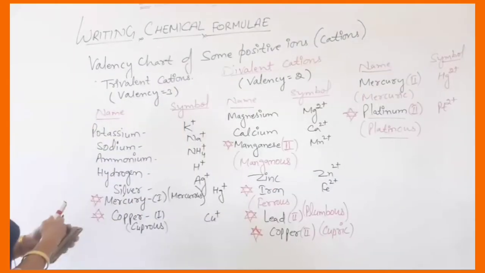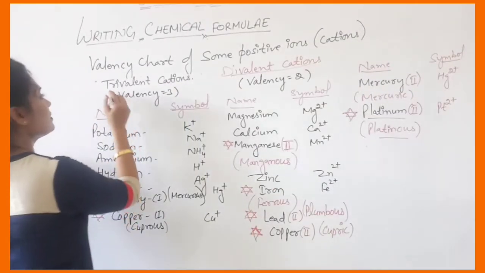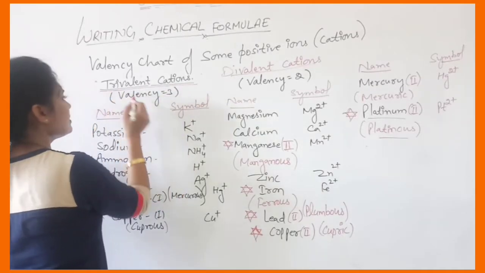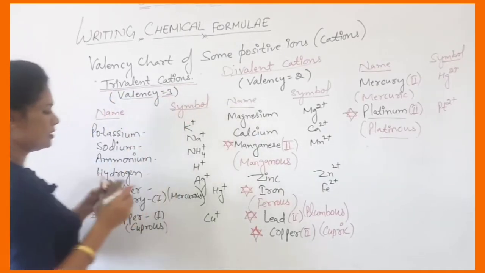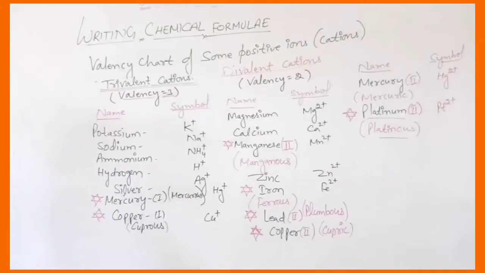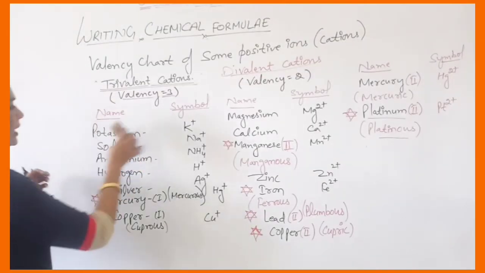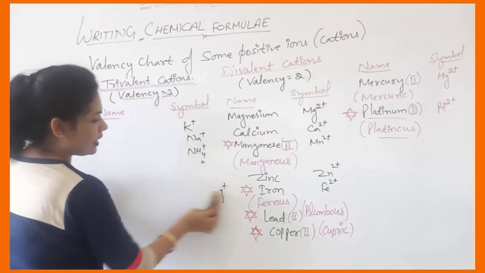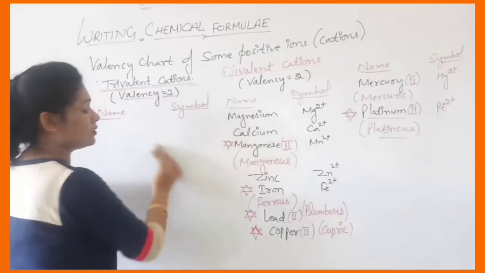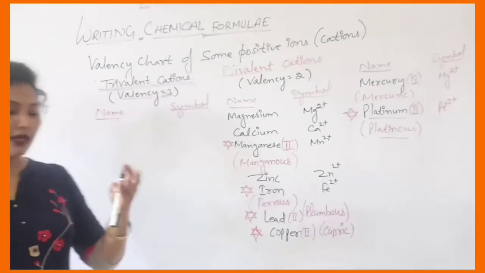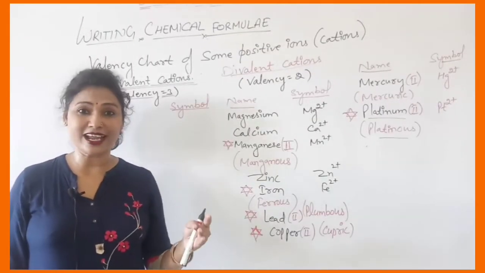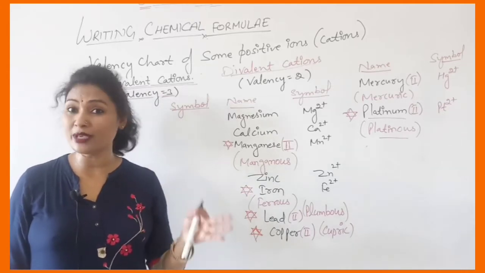Okay. Trivalent cations are those cations whose valency is 3. Okay. Now we can write the symbol of the elements and name of the elements of trivalent cations. Have you remembered the trivalent elements? Iron is trivalent, aluminium is trivalent, gold is trivalent, and chromium is trivalent.